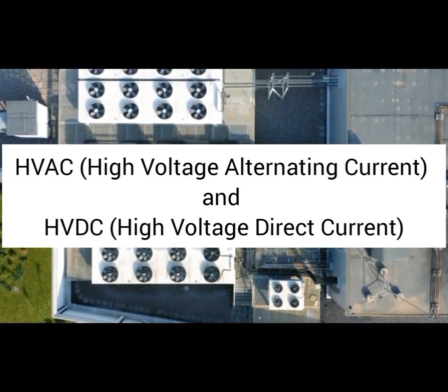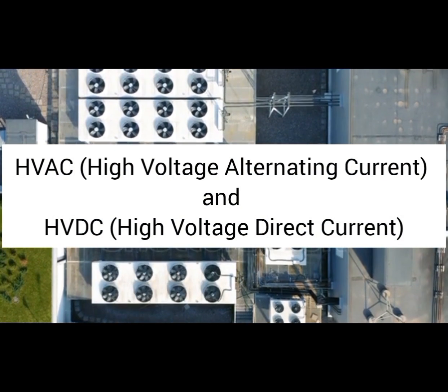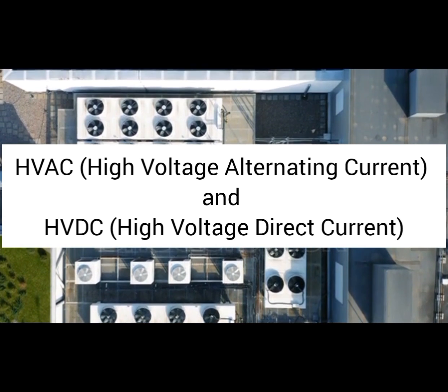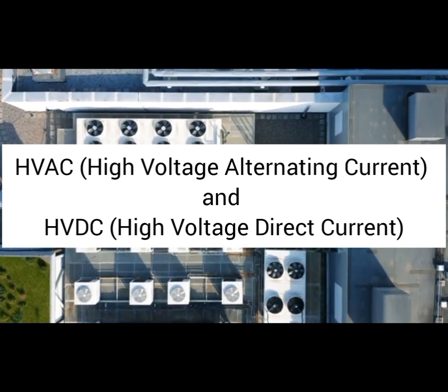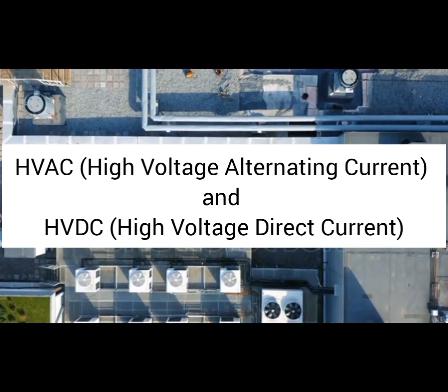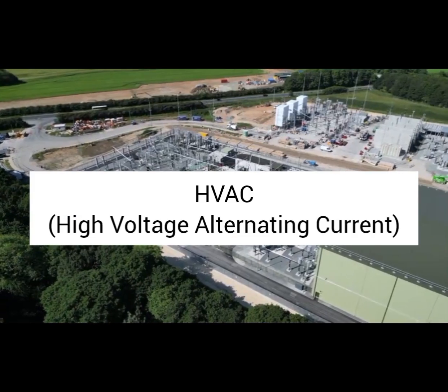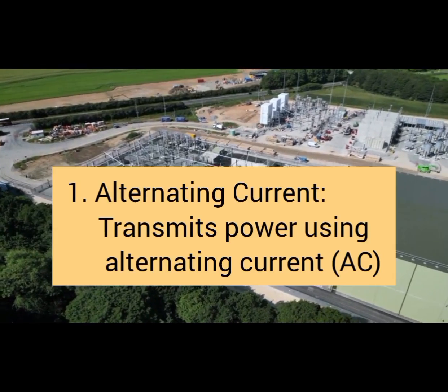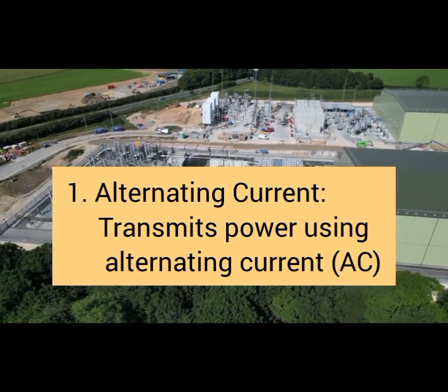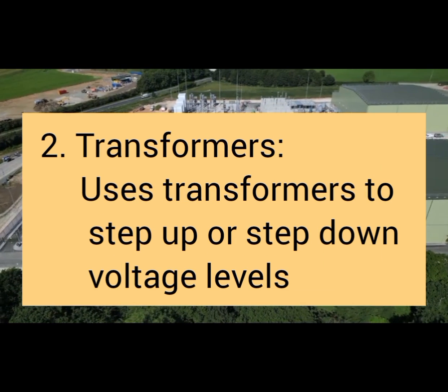HVAC (high voltage alternating current) and HVDC (high voltage direct current) power stations are both used for transmitting large amounts of electricity, but they differ in the type of current used and the technology employed. HVAC power station. 1. Alternating current. Transmits power using alternating current (AC). 2. Transformers.